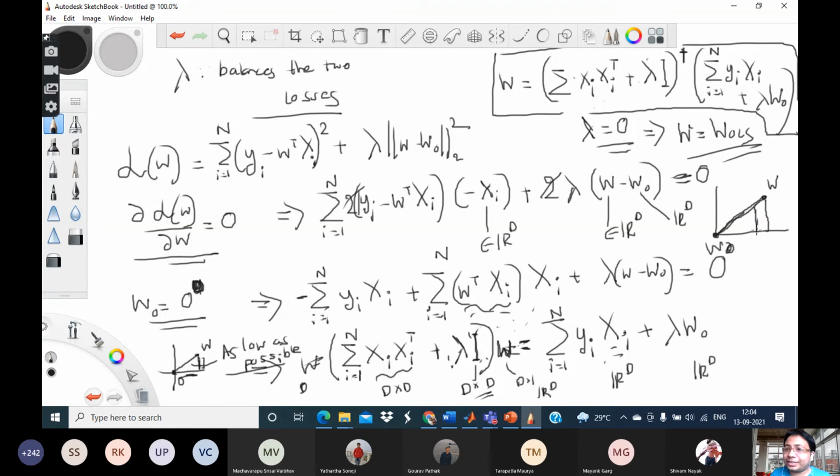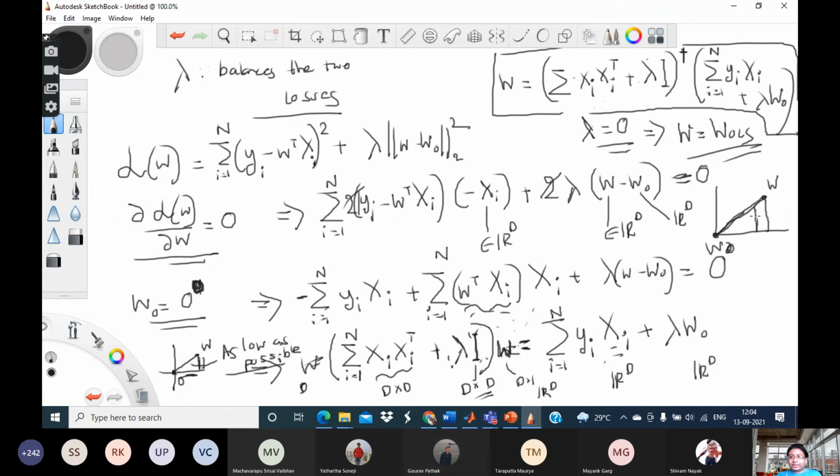So doesn't that mean that what I am achieving is actually the same as what I had initially wanted to do? That is, force each of the elements of W, or each of the coefficients of the different attributes, to be as small as possible. Right? Yes, sir, it is.